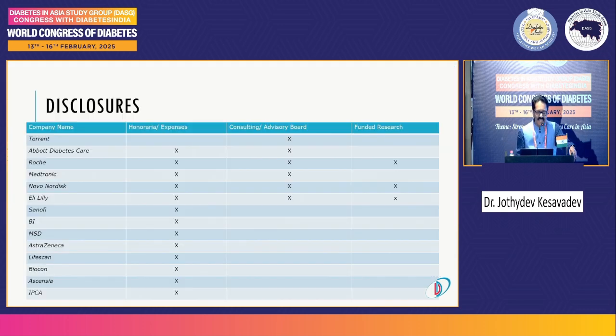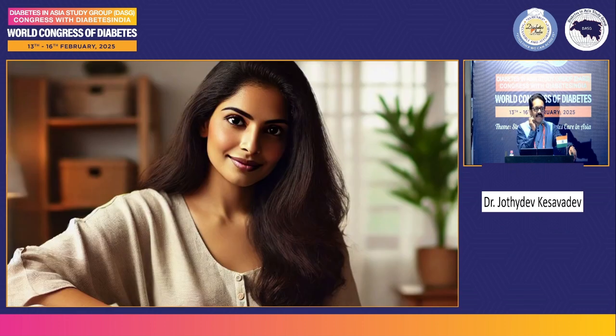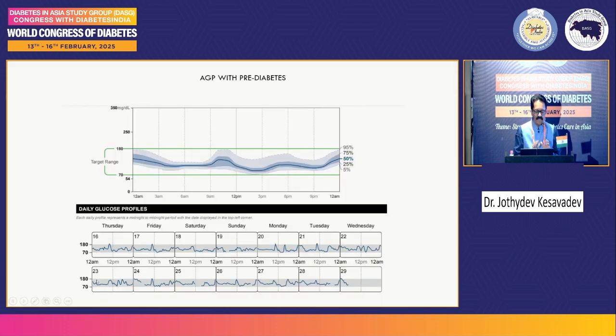So these are my disclosures, and I will start with the pretty girl. This lady is having pre-diabetes. Assuming this lady is having pre-diabetes, I will start with the AGP report. This is an ambulatory glucose profile. As evident, this looks like almost a normal one, and the glucose is between 70 and 180 most of the time.